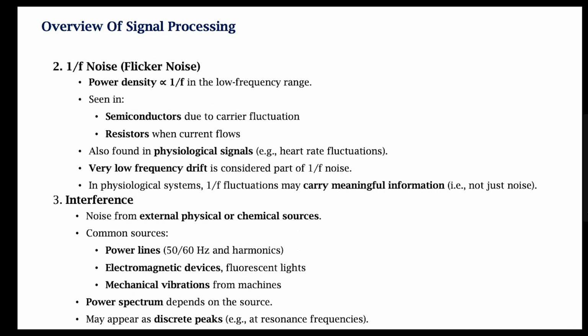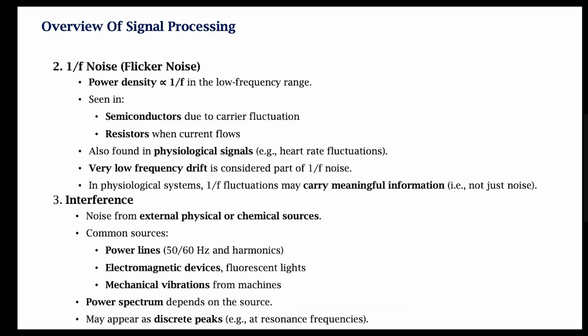For example, in the ICU, there might be multiple instrumentation systems. For example, fluorescent lamps that may have what is called a choke, which is essentially a coil that is an electromagnetic device. Then mechanical vibrations that happen from machines also cause noise.